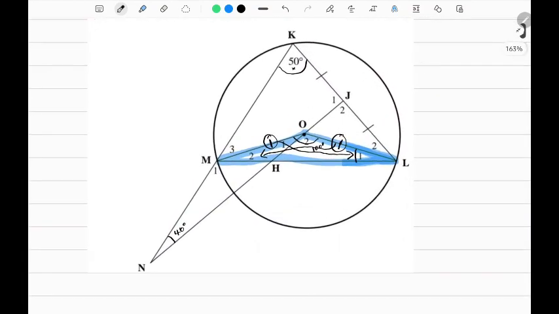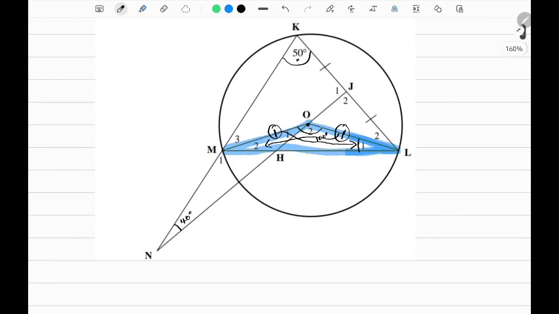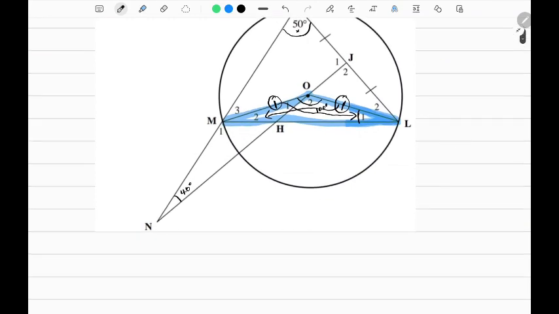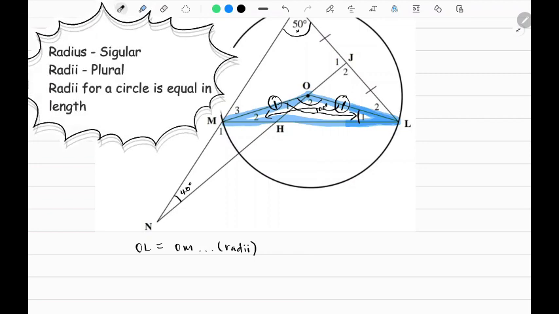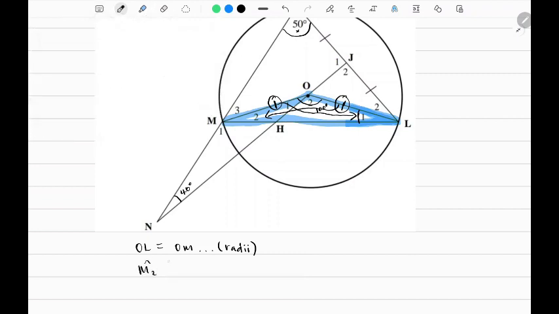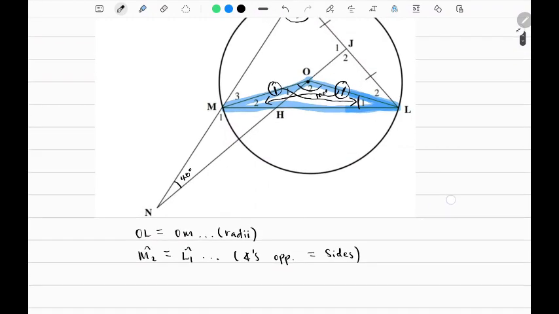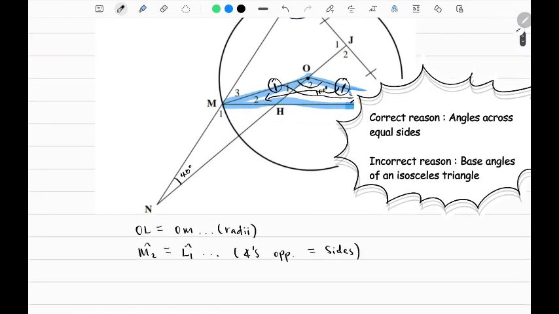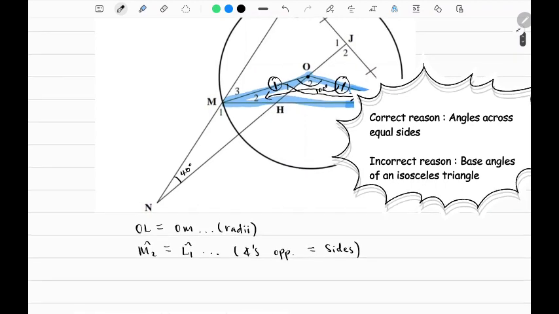Let's write this down quickly. We can start by saying that OL is equal to OM because of radii. Radii is the plural for radius. Now we can safely say that angle M2 is equal to angle L1, and this is because angles opposite equal sides are equal. Now we can make use of the sum of interior angles of a triangle.